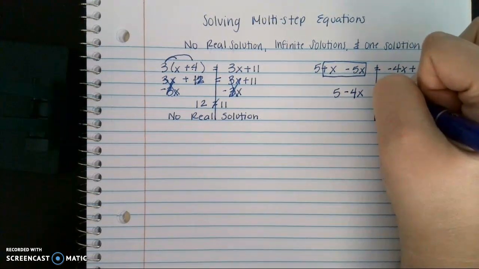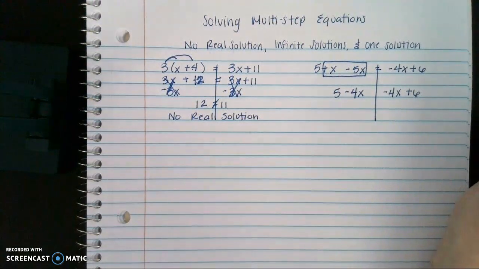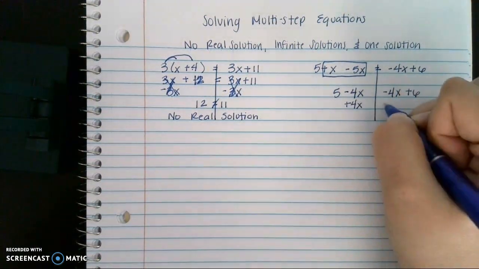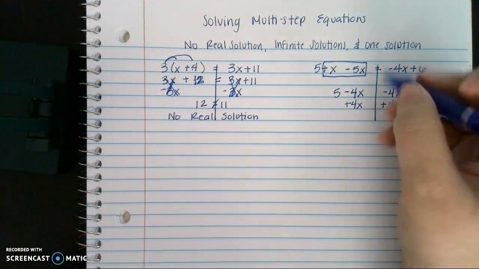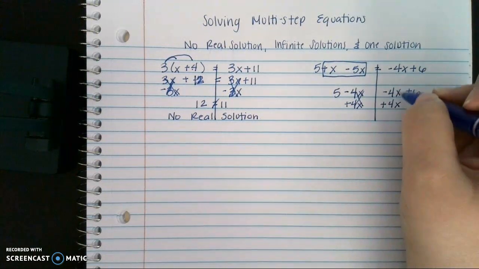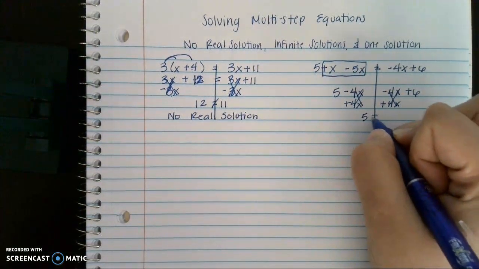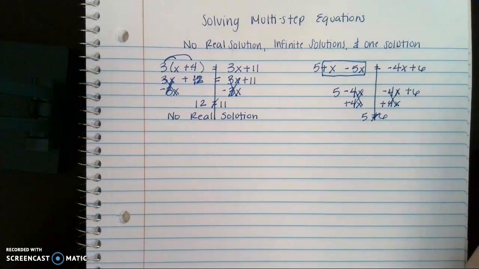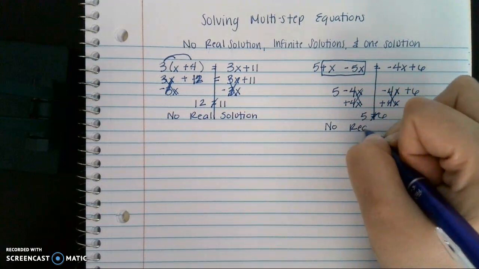Didn't do anything over here, so I'm just going to bring that down. Negative 4x plus 6. I'm going to get all of my x's back to the same side of the equation, so I'm going to add 4x to both sides. Negative 4x plus 4x cancels out. Same thing over here, and I'm left with 2 whole numbers. 5 is not equal to 6, so I'm going to write no real solution.